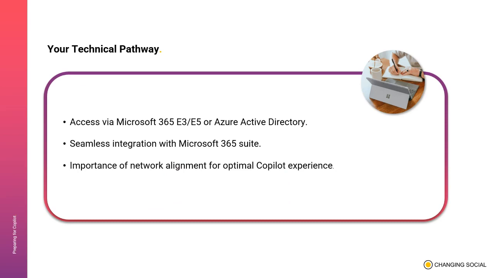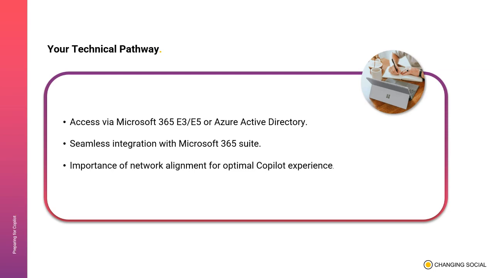So looking at the technical pathway first, understanding this technical route is critical. It's like having a GPS for a smooth journey in the realm of AI. Initiating your Copilot experience is generally quite straightforward. With access points via Microsoft 365 E3, E5, or even Azure Active Directory, entry is made accessible.